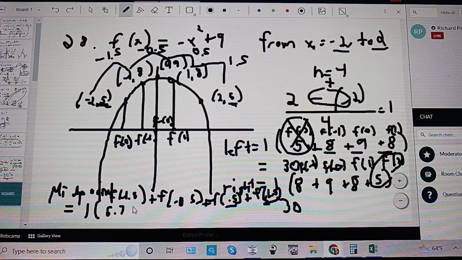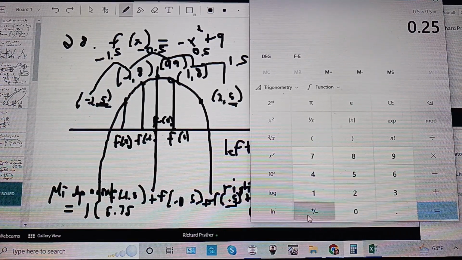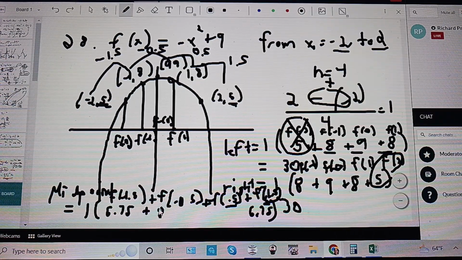Because a negative squared has the same answer as the positive squared does. And then I can do the same thing for 0.5. 0.5 squared is 0.25. Make it a negative, and then add 9. So both of those answers are 8.75. So let's see if my assumption was right that this will add up to 30.